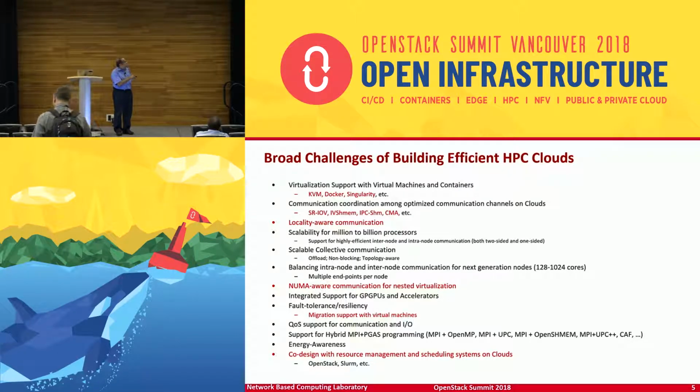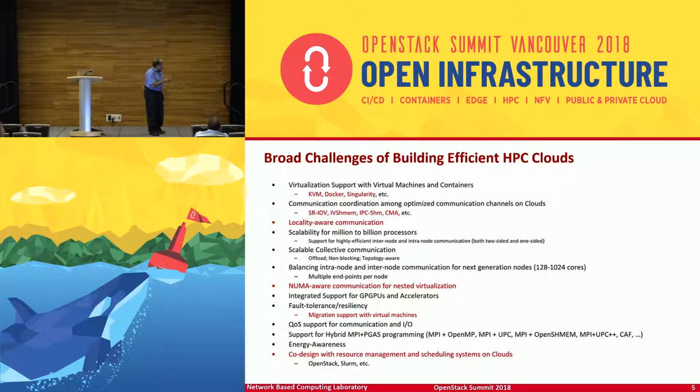That means first we need good virtualization support and communication coordination in order to deliver the best performance. I will also talk a little bit about locality-aware communication. That is a very fundamental thing. When VMs are moving around, how do you detect who is talking to whom? If we can detect that, we can provide very good performance.